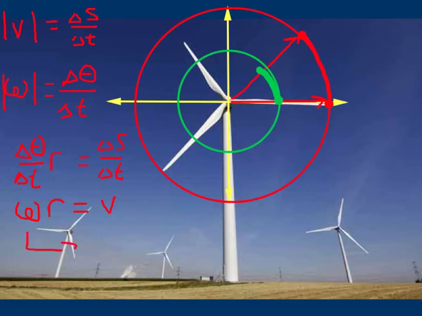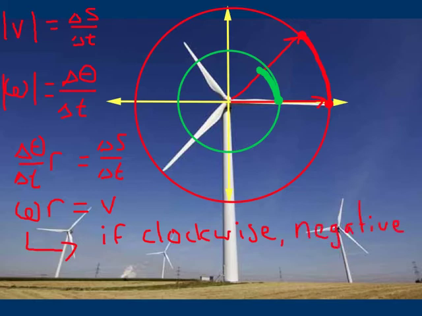So for omega, if it's clockwise, it has a negative sign, and if it's counterclockwise, which is abbreviated CCW, then it's positive.